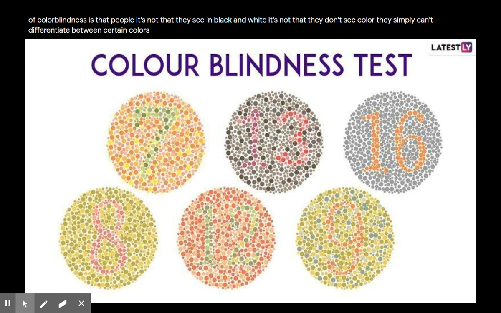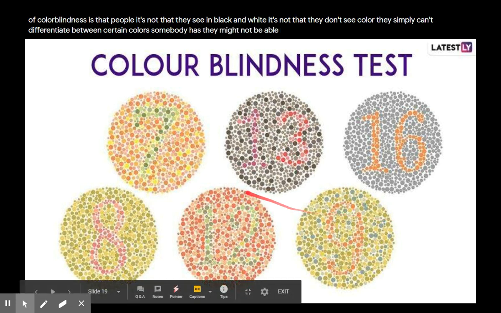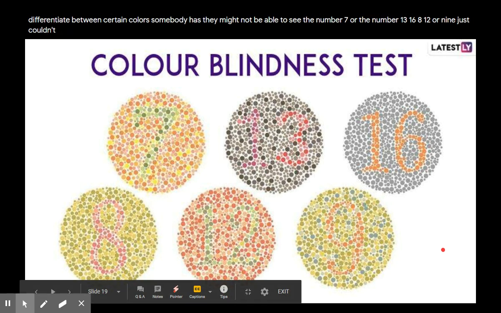So depending on what type of colorblindness somebody has, they might not be able to see the number 7 or the number 13, 16, 8, 12, or 9, just couldn't separate those different colors.